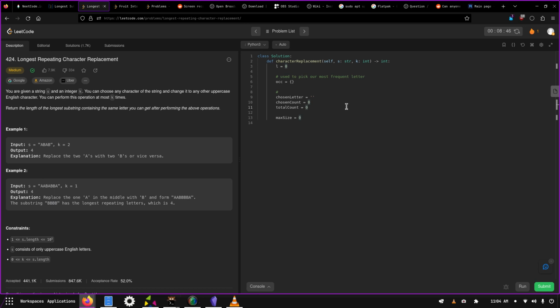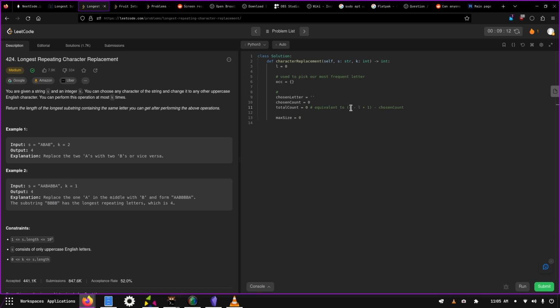Well, we do care, but we can derive it a different way. It's equivalent to r minus l plus 1. This is our window size, and then minus chosen count.